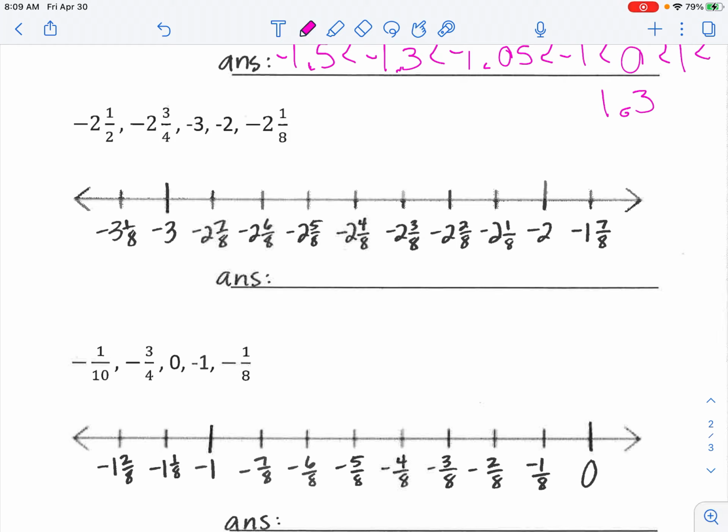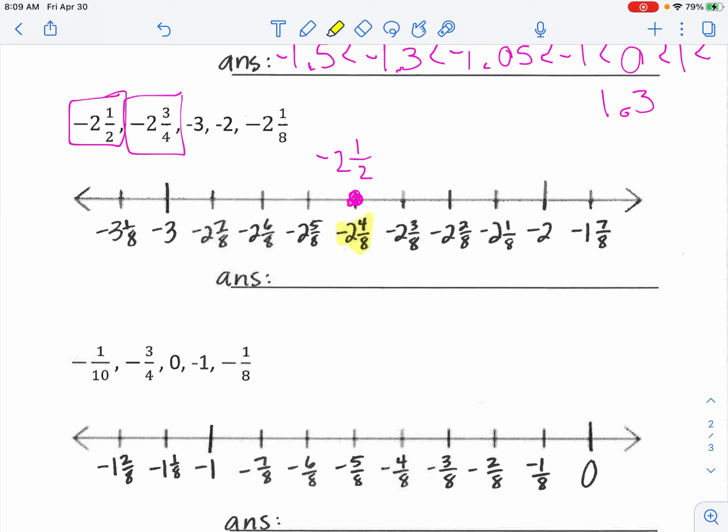The first thing we're going to do here is plot the numbers on the number line. Negative 2.5. I don't see negative 2.5, but could any of these be reduced to negative 2.5? I'm looking for a fraction where the numerator is half of the denominator. Negative 2 4/8 is equivalent to negative 2.5, so my first point is going to go here. Negative 2 3/4.